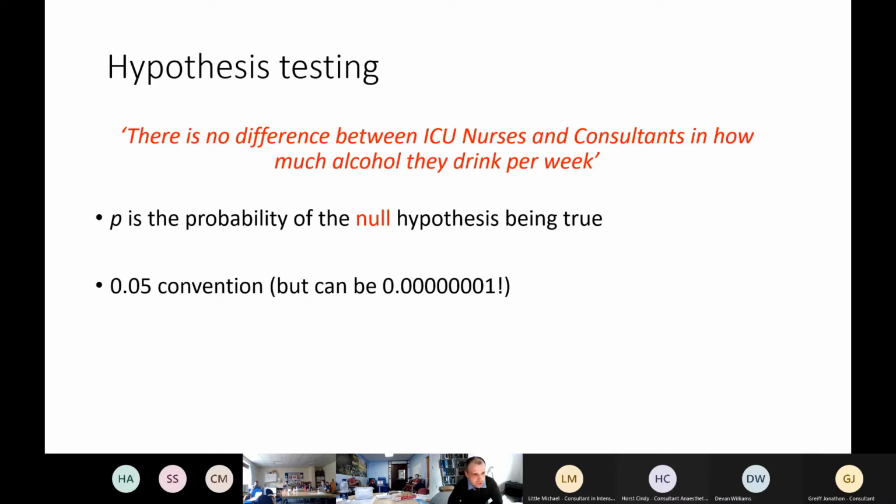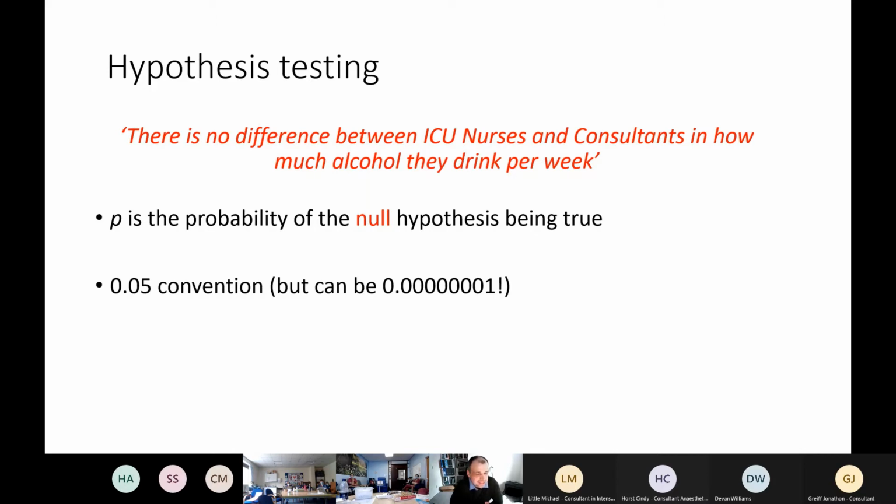So you need a hypothesis, and as is the way of statistics, you normally state your null hypothesis when you're doing statistics. And null is basically an anti-hypothesis. So instead of saying there is a difference between ICU nurses and consultants in how much alcohol they drink, you say there is no difference. And this is where we come on to p-value. So what is a p-value?